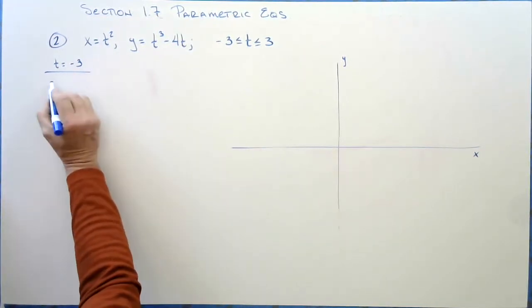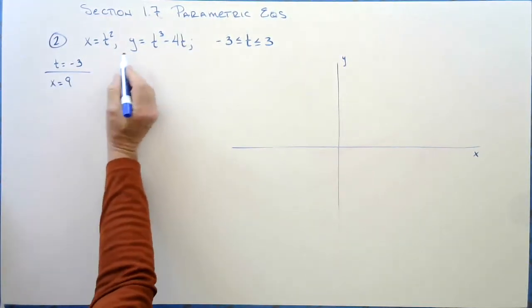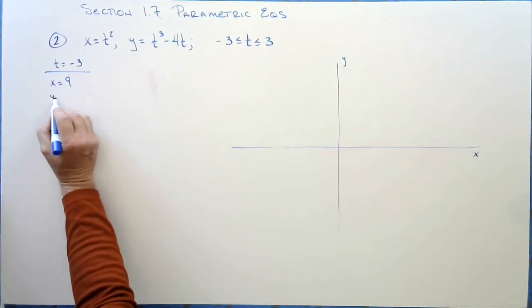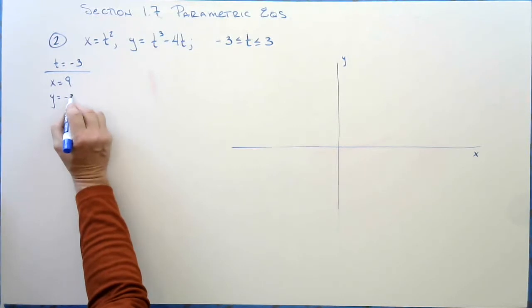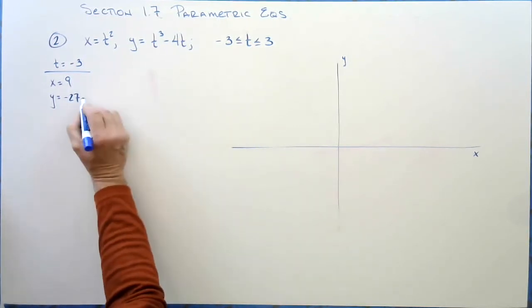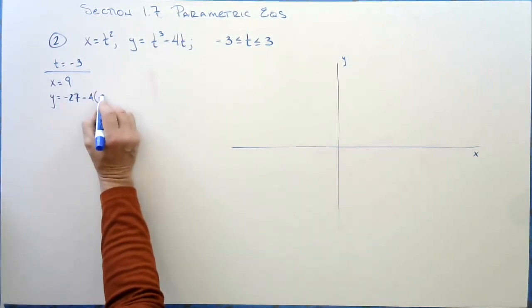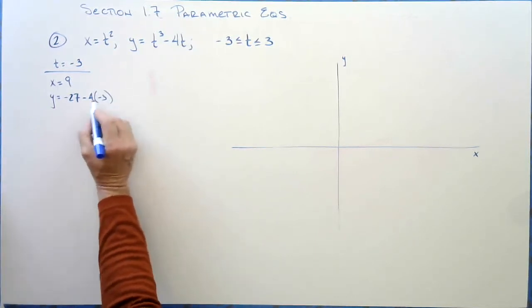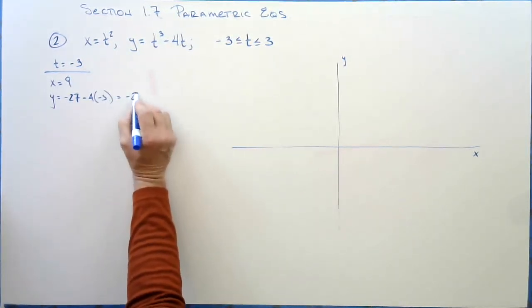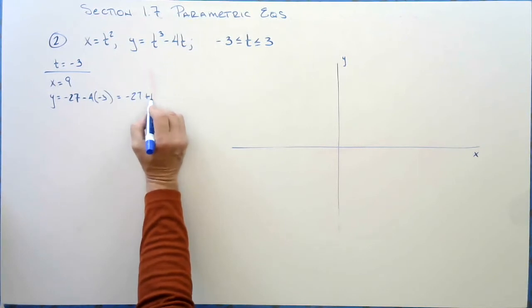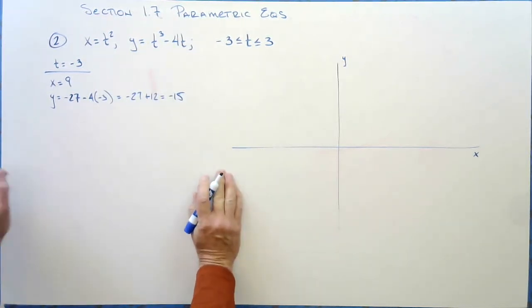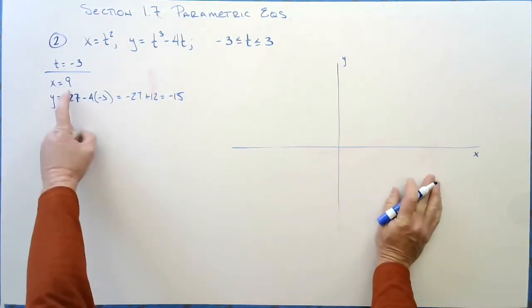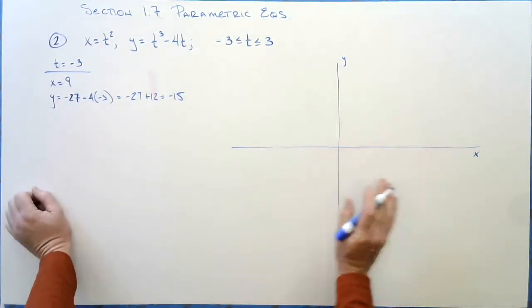We get x is 9, and we get y is equal to t cubed, -3 cubed is going to be -27, minus 4 times -3. So that gets us -27 plus 12 or -15. So our first point is going to be x is 9, y is -15.